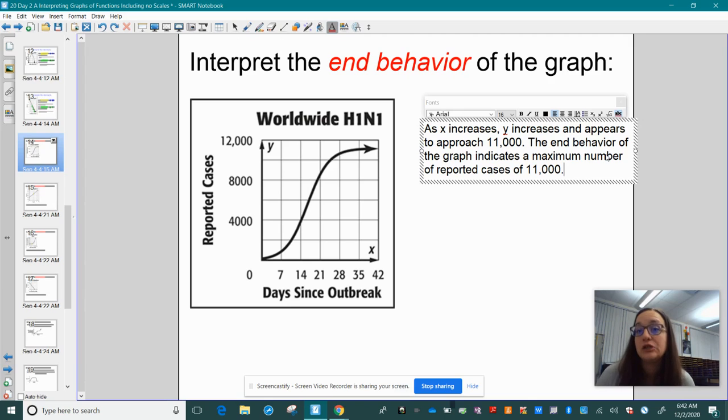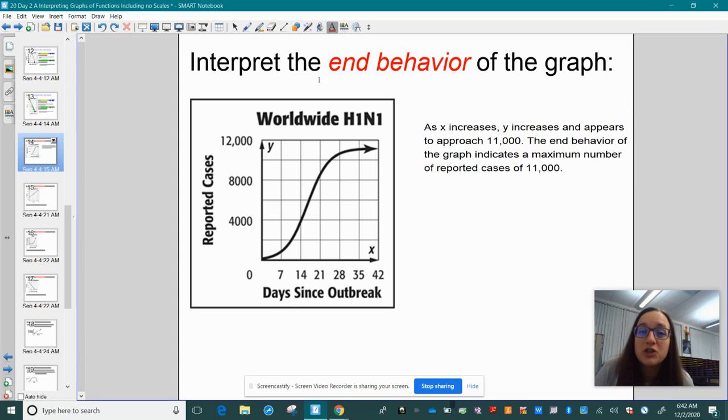So yes, I did it in 2 sentences. That's all right. But we're looking at a relative maximum, the highest point on the graph, which is up here, about 11,000. We could talk about the minimum amount, but that's 0 back by day 1. So that's what we're looking for here for just the end behavior, how it ends.